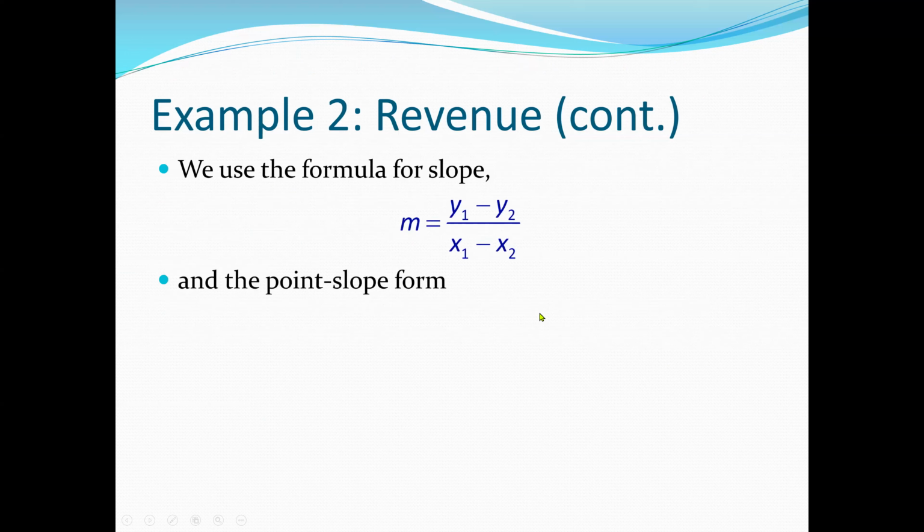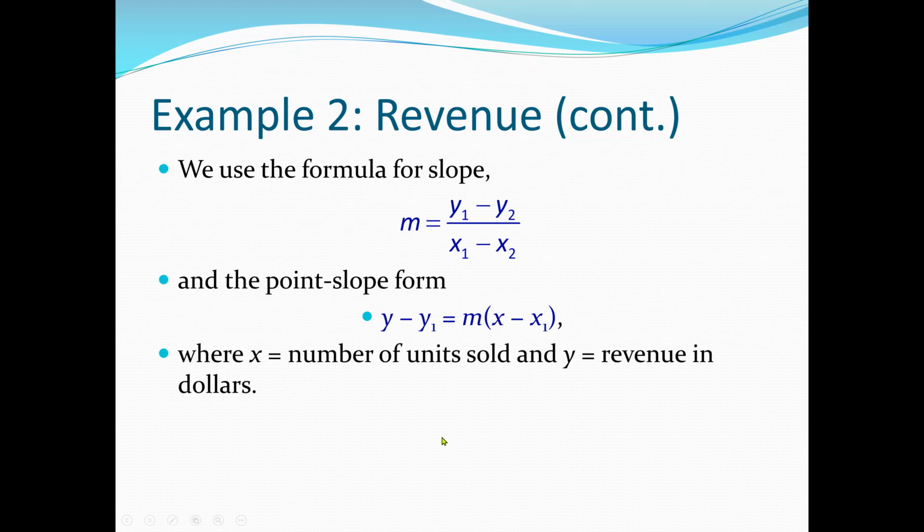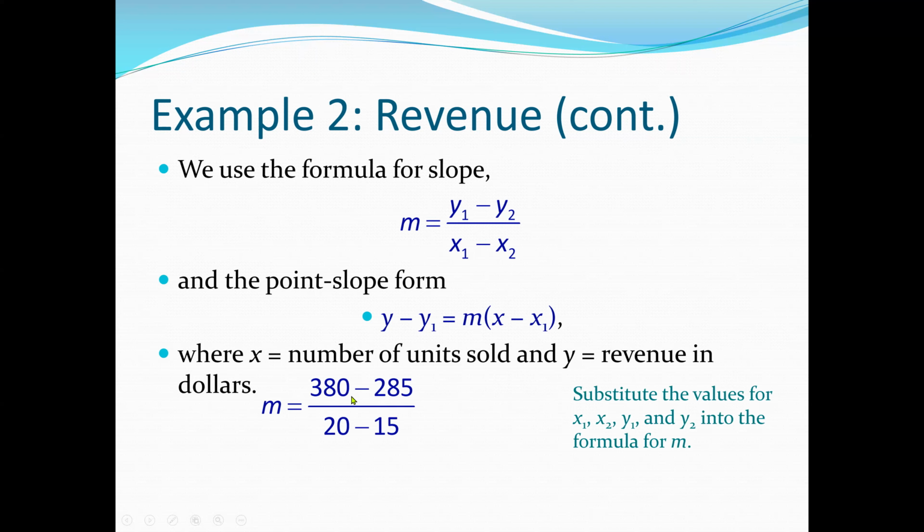So that's what we have here, where x is the number of units sold and y is the revenue, as we said. If we need a straight line function, the number one item we need is the slope, because the slope will give us the steepness of the line, the rate of change. So we find the slope using the first point and the second point. Or we can say 285 minus 380 divided by 15 minus 20, and we get the same answer.